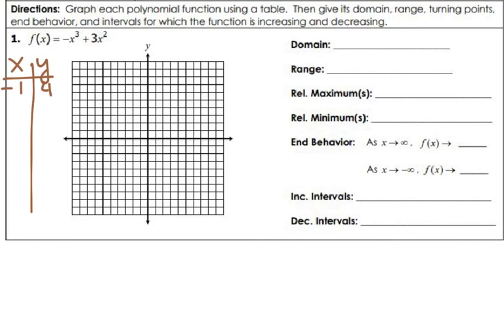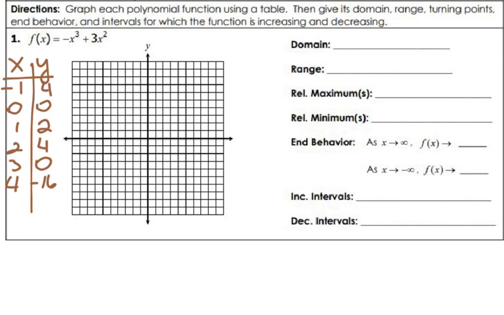Then we have 0, 0, 1 and 2, 2, 4, 3, 0, and then we have 4 and negative 16. I don't think we can fit negative 16 on our graph, so we're going to plot only points that are feasible to graph.